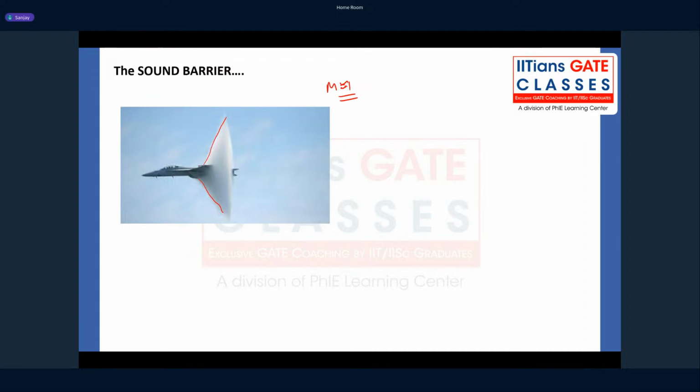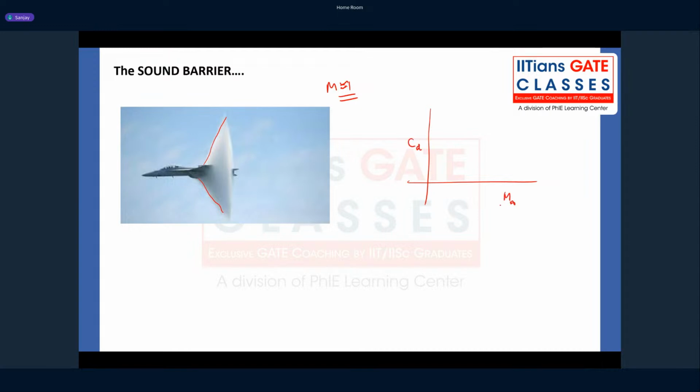They were not able to understand what this vapor cloud was and what this strange phenomenon was that was happening out of nowhere. This does not happen at low Mach numbers, but slowly when you go to high Mach numbers close to 1, you see such vapor clouds, right?